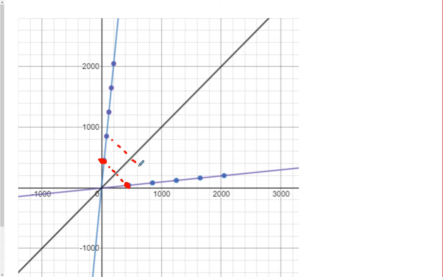Same here, we have a reflection in the mirror between those two points, and here, and here. In fact, any point on those lines is just reflected in that y equals x line.